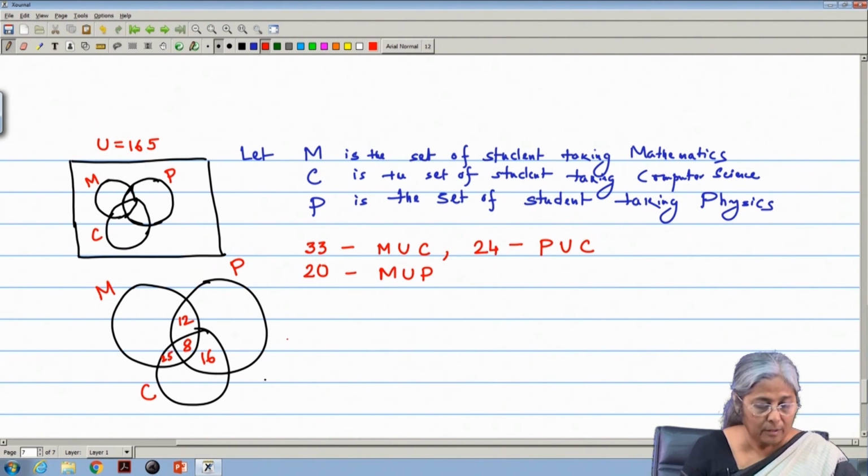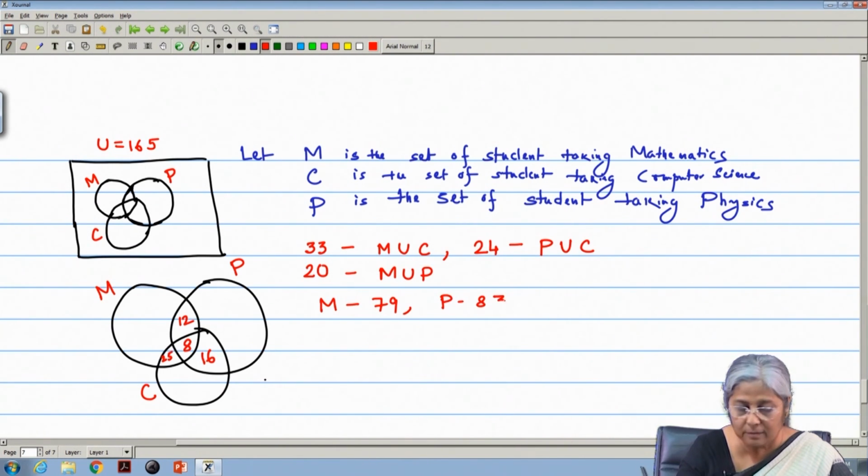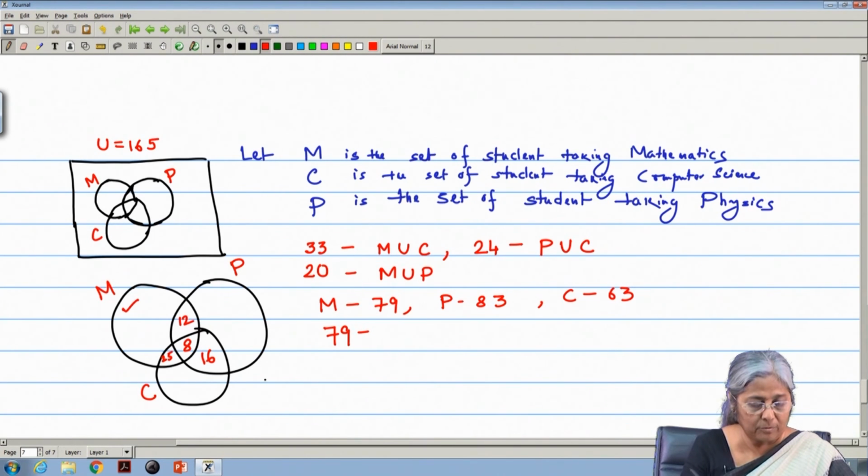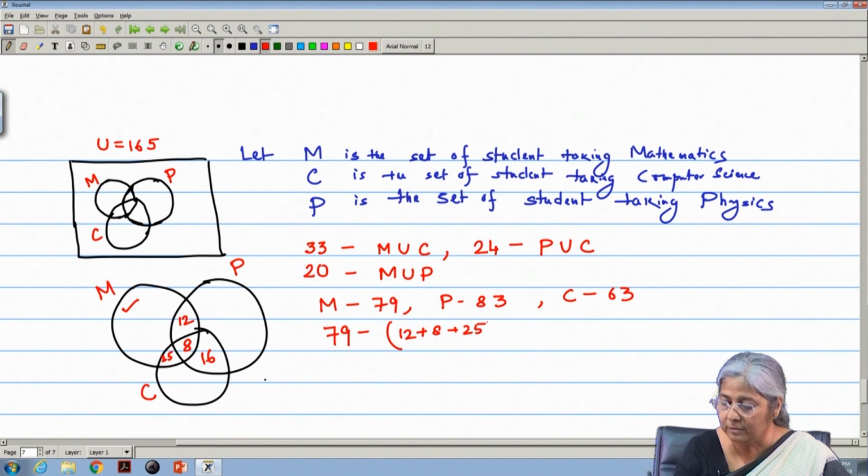Now, I have mathematics students 79, physics students 83 and computer science students 63. So, clearly I can write that those taking only mathematics will be 79 minus these 3, that means 12 plus 8 plus 25, and this will be clearly 34.